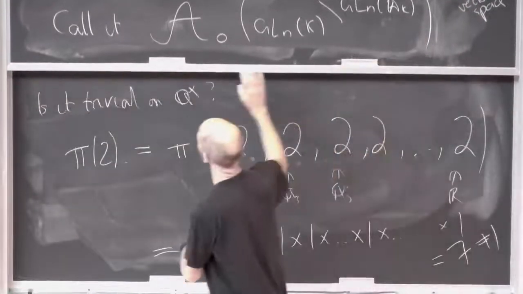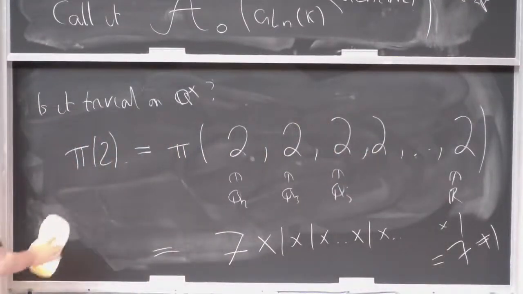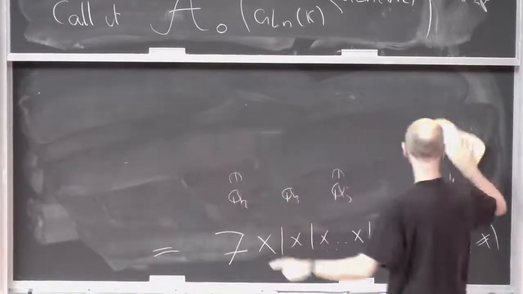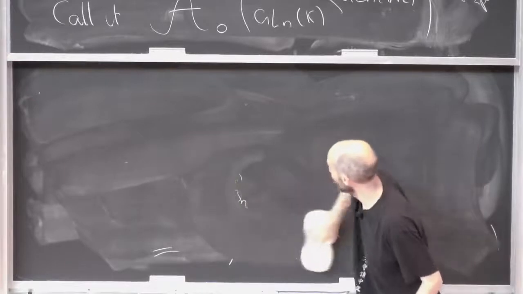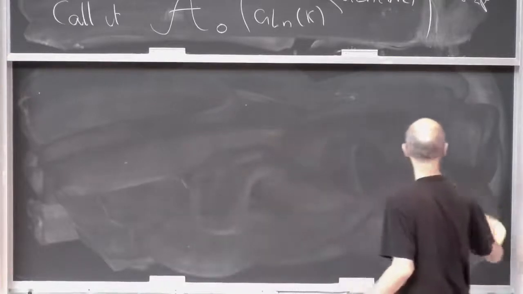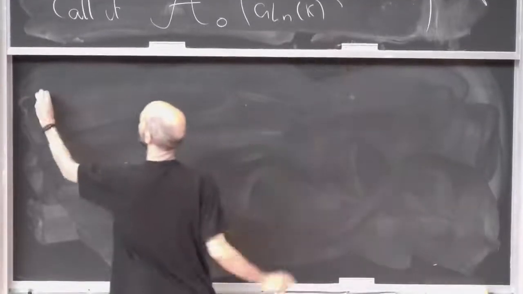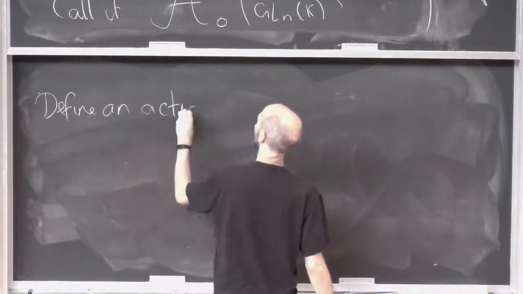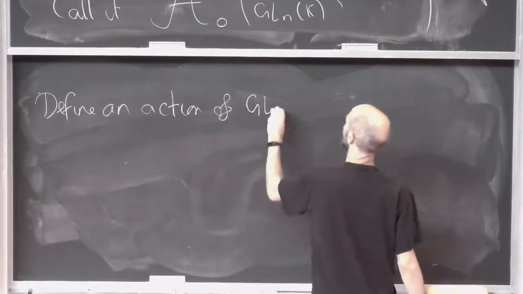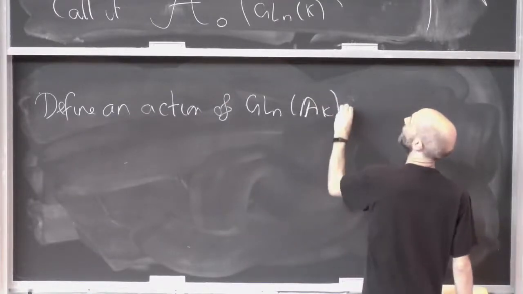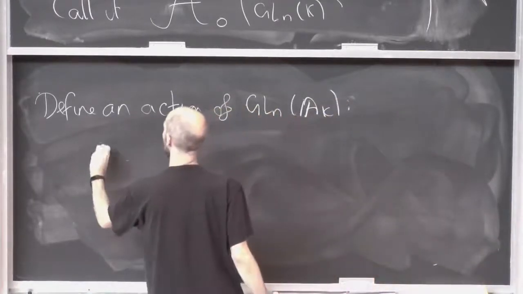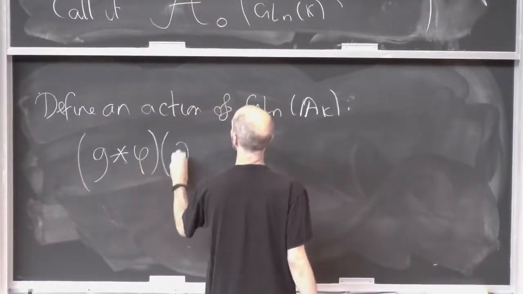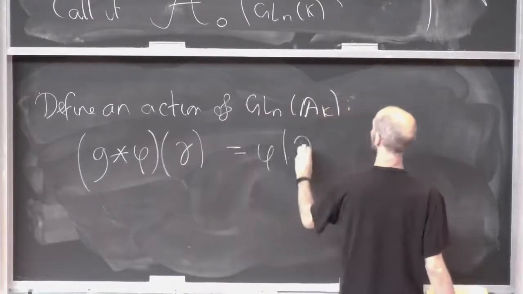And it's going to have an action of GLN of the Adeles, right? Because just the same as the finite group situation, I quotiented out on the left so I can act on the right. I can define an action of GLN of the Adeles of K on this. It's simply going to be g star phi of gamma is just going to be phi of gamma g.